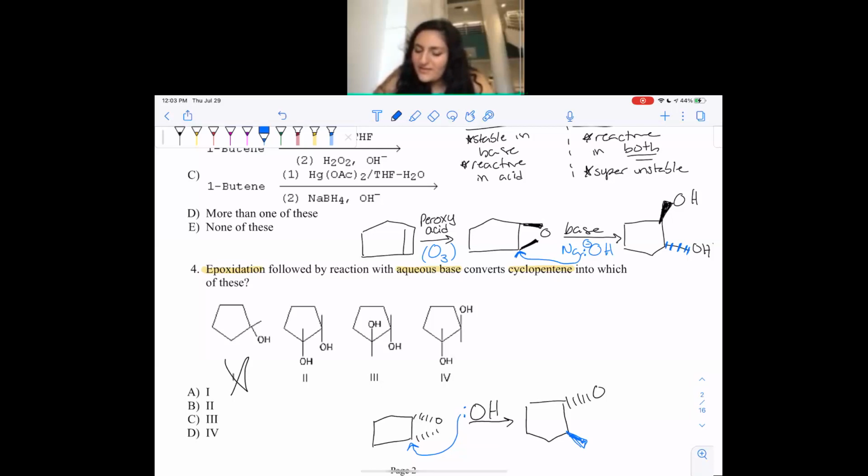That side stays dashed. This side is added wedged. So we know that both of these configurations are possible. This one is not.